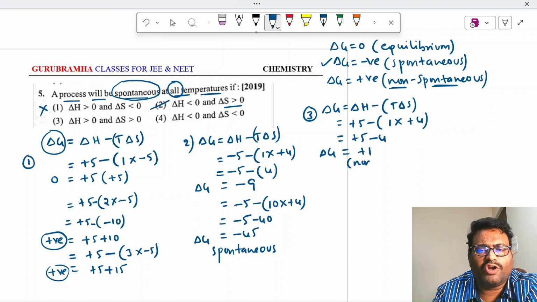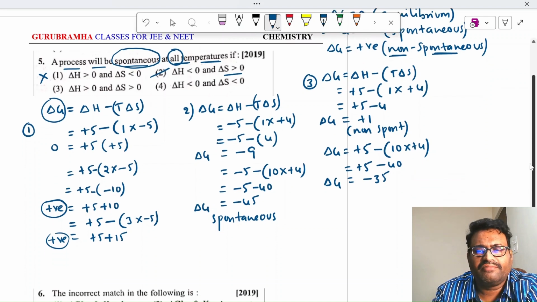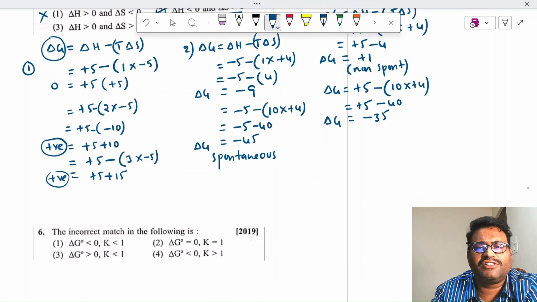What is that? Non-spontaneous. But if you increase the temperature, let us increase the temperature. So plus 5 minus 10 into plus 4. I am increasing the temperature. Then what do I get? Plus 5 minus 40. That is equal to minus 35. So delta G is negative. How much you are getting? Negative. So negative means it is spontaneous.